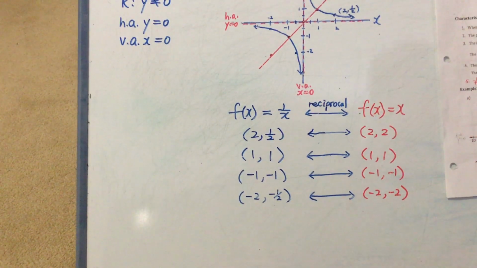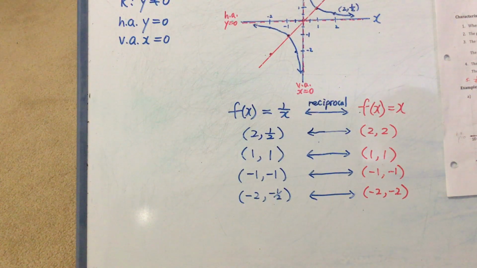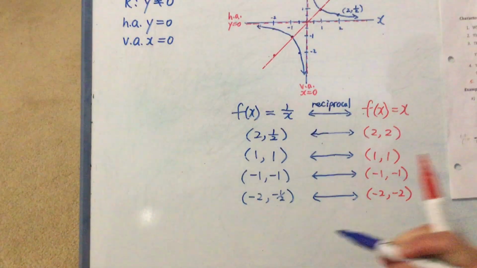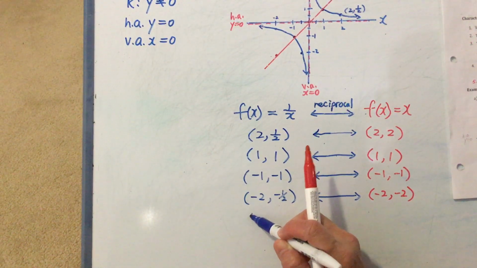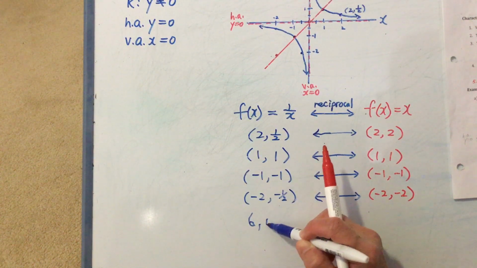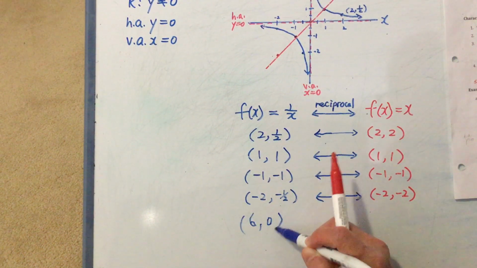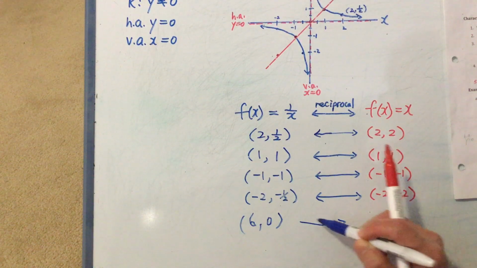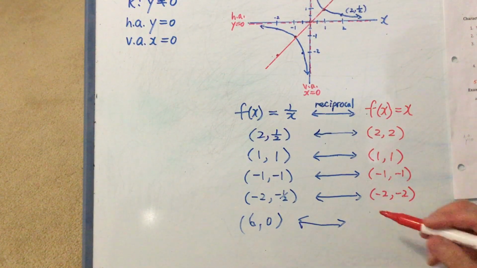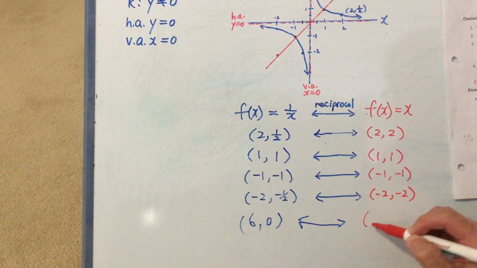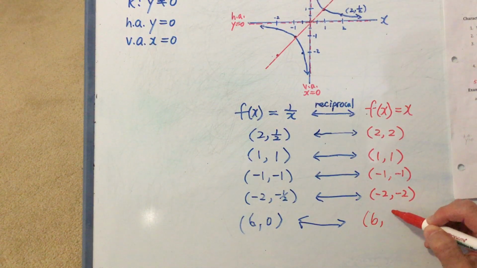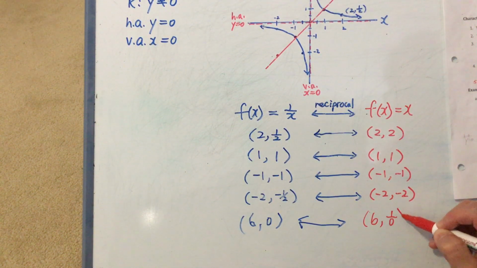If I want to continue with the points, if I have a point of 6 comma 0, then the reciprocal of this point will be 6, 1 over 0.